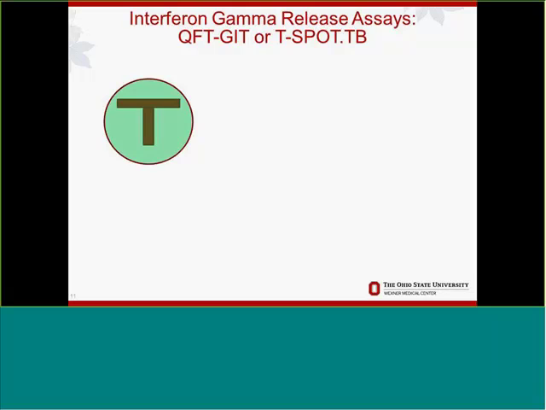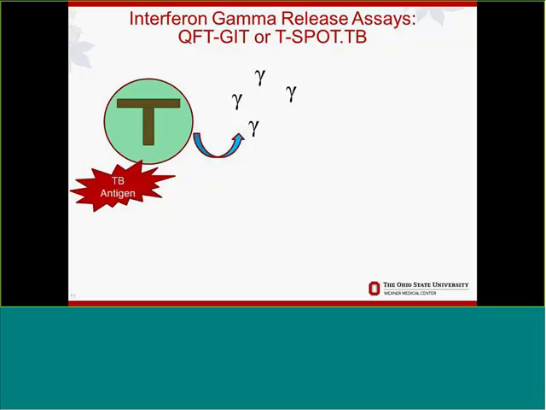So this is a cell-mediated response. So these are the T cells. These are going to be coming from the patient. You're going to obtain a blood sample from the patient and their T cells, and you're going to put them in a tube that has TB antigen basically coated on the side of the tube. So it'll be an exposure of the T cells to the TB antigen. In response to that, interferon gamma will be released that is very specific to TB.